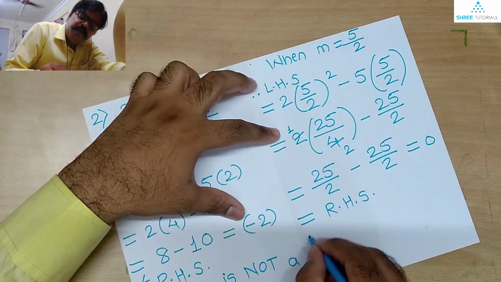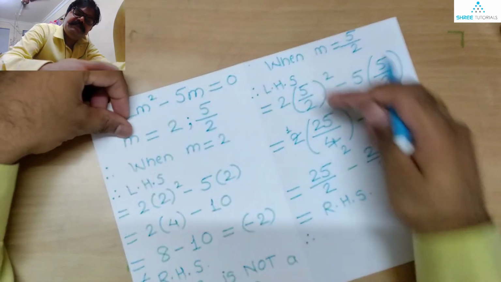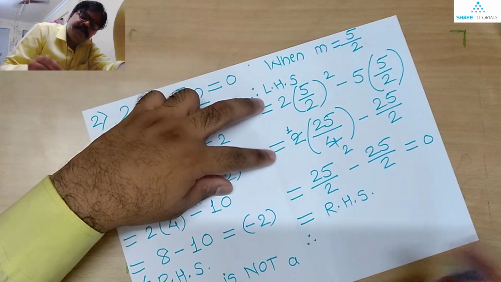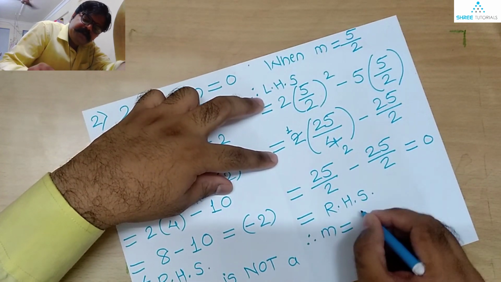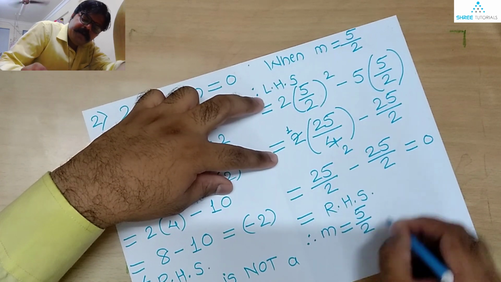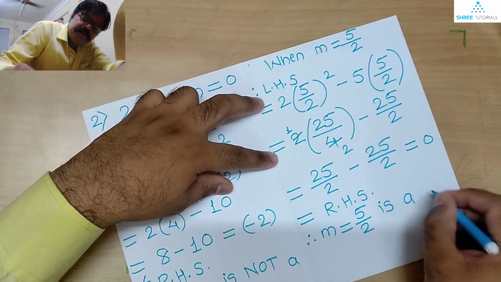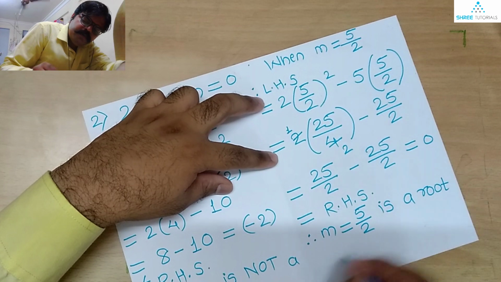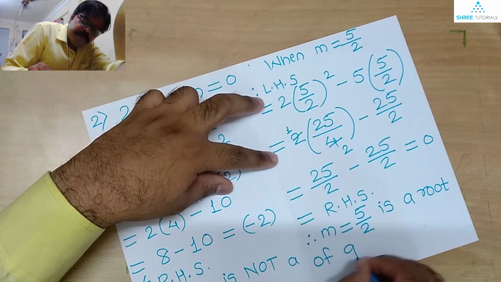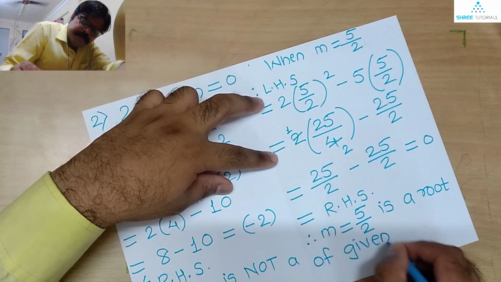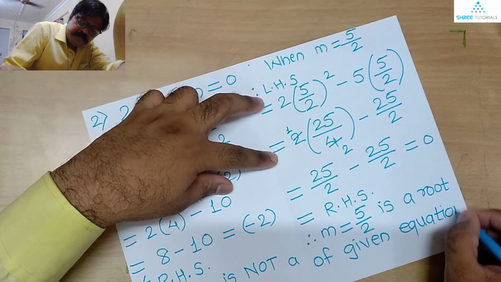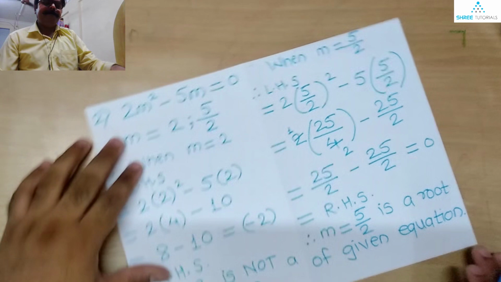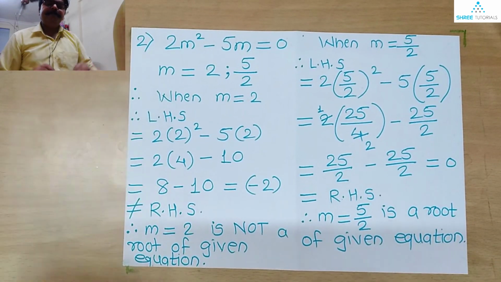Therefore, since LHS is equal to RHS, we can conclude that m is equal to 5 divided by 2 is a root of the given equation. That's it.